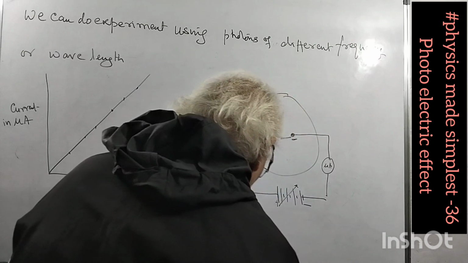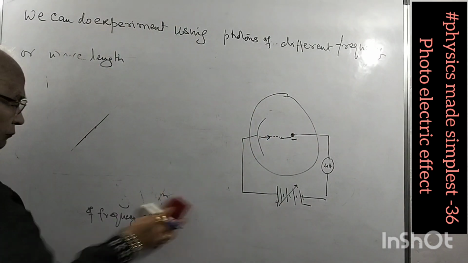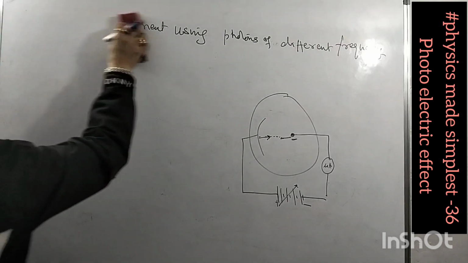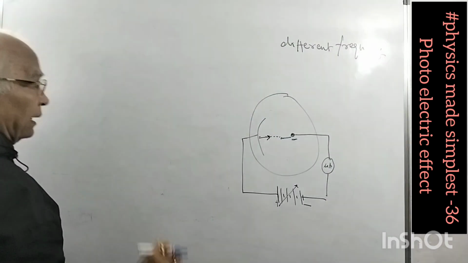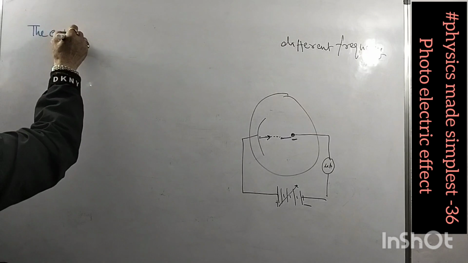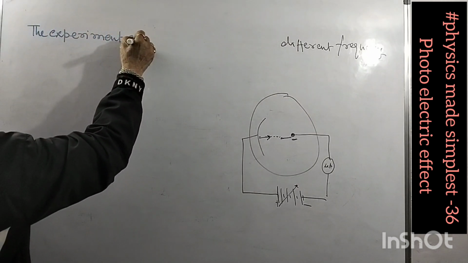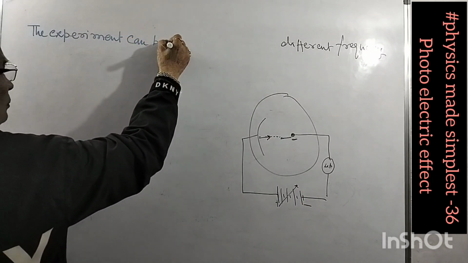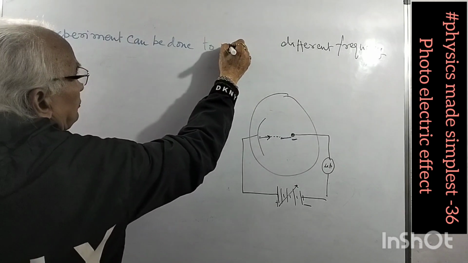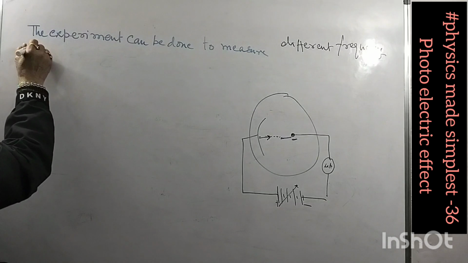That is, what is the voltage required, the experiment can be done to measure the stopping potential.